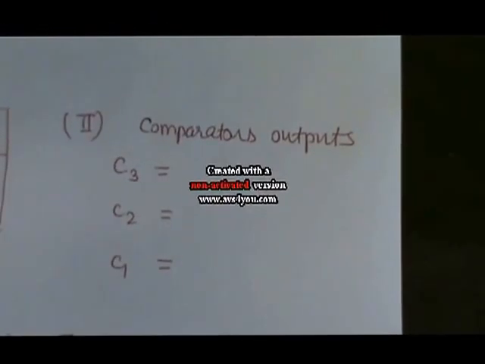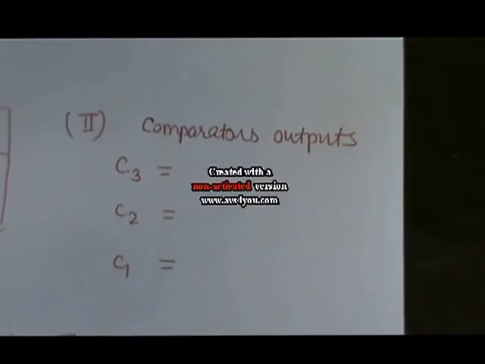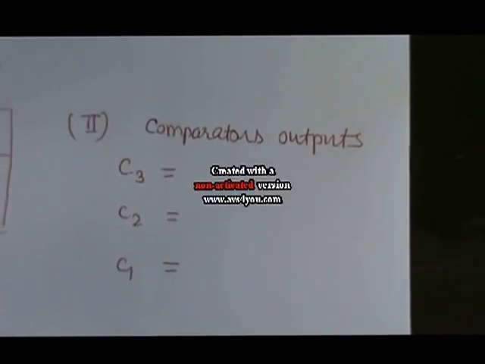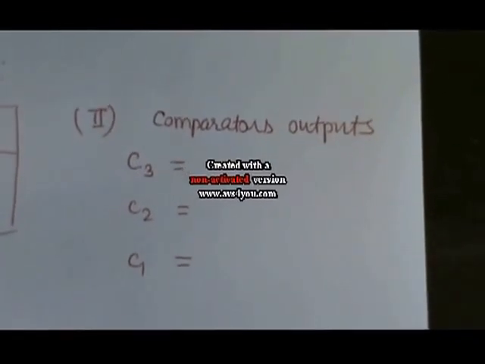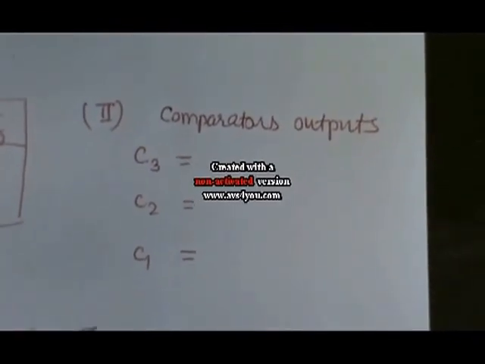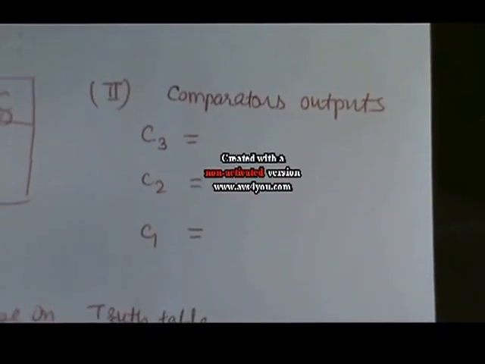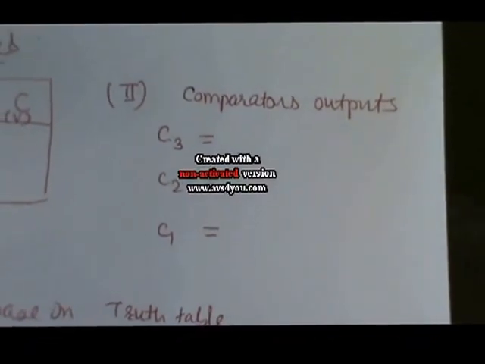Observe the comparator outputs C1, C2, C3 using a multimeter and measure those voltages. You can also connect the LEDs to observe the output of the comparators with respect to variations in the input.